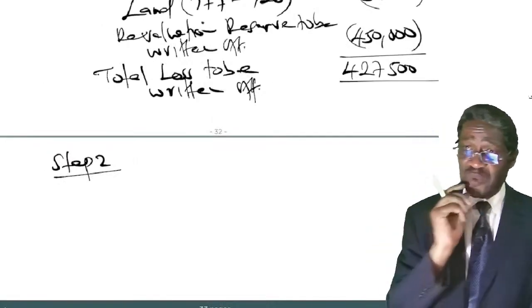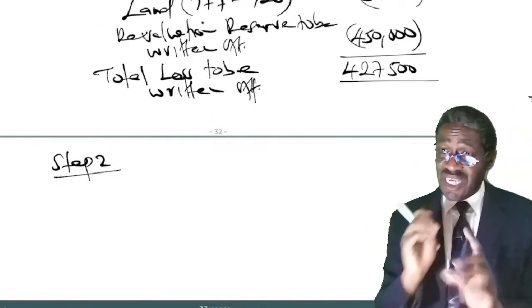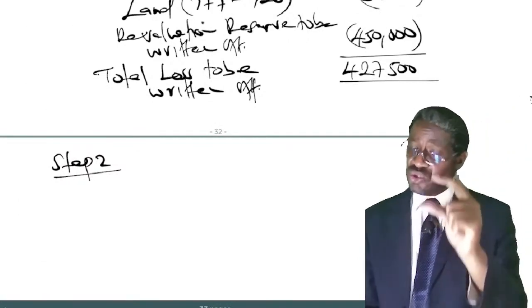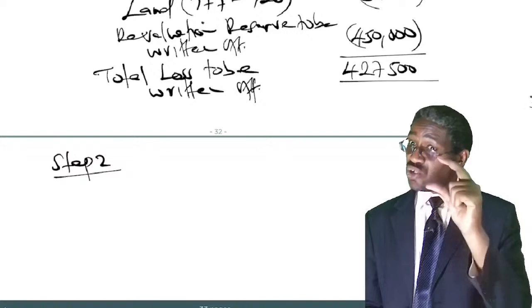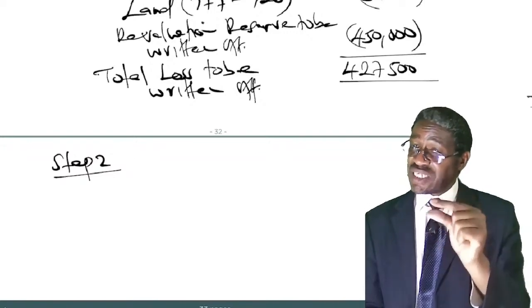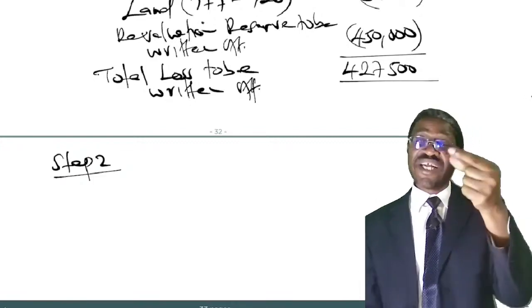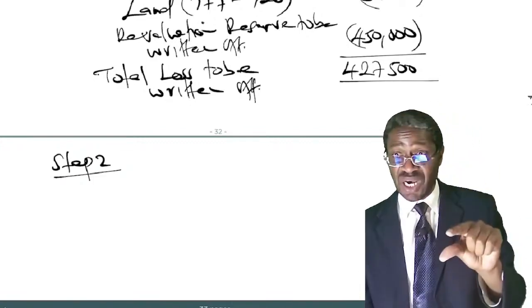Now, I want to explain something. One of the assets was used as security. And I told you, when an asset is used as security for a secured liability, you must net it off against that specific asset.